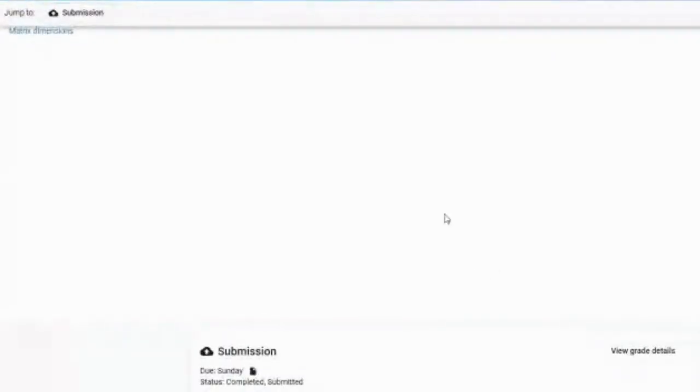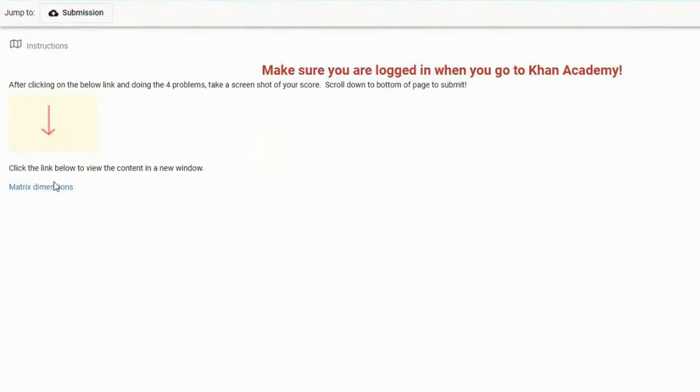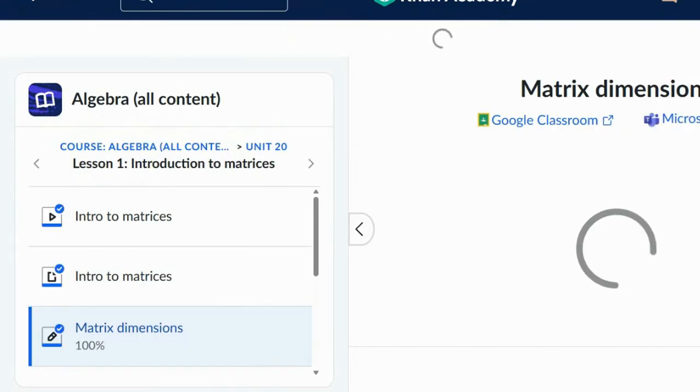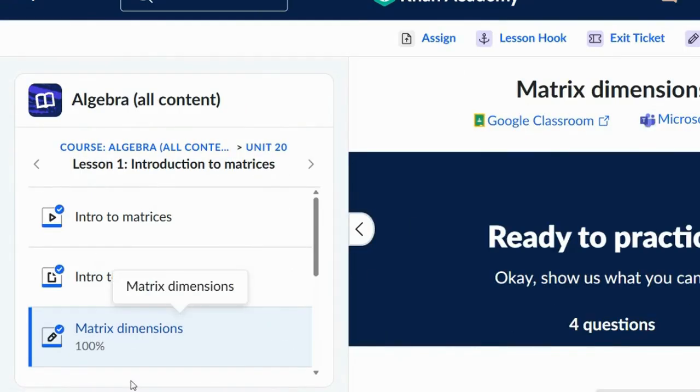So let's look at this real quick. What happens if I forgot to take a screenshot? Well, as long as you're logged in, that's not a problem. If I forgot, it's like, oh, I was supposed to turn it in Buzz. I can go back here, click on this link again. And since I'm logged in, it'll have my score right here on the left.